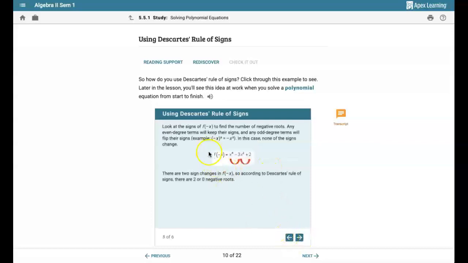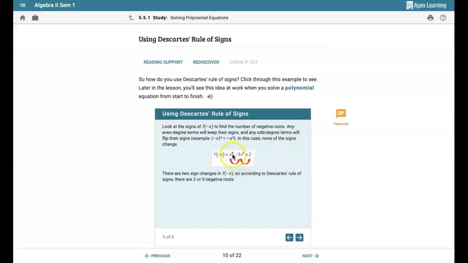Okay, then for the next one, we have to plug in negative x to find the number of negative roots here. What you do is you square or cube or whatever to the power of the negative x sign, and then you simplify. So it gave you here negative x cubed, which would be negative x times negative x, giving a positive x squared, but then multiplied by negative x gives your negative x cubed.